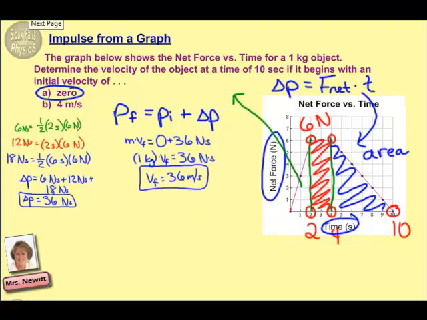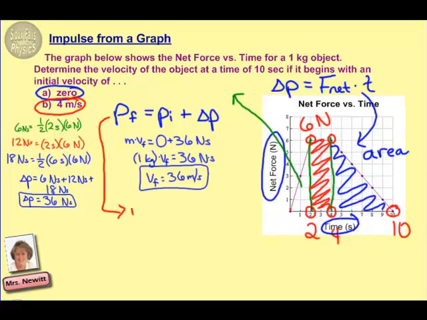Now the second half of this asks what happens if we have an initial velocity of 4 meters per second. The nice part about doing this problem with momentum is that it is very easy to account for the fact that it's already moving. We're going to use this exact same equation here.